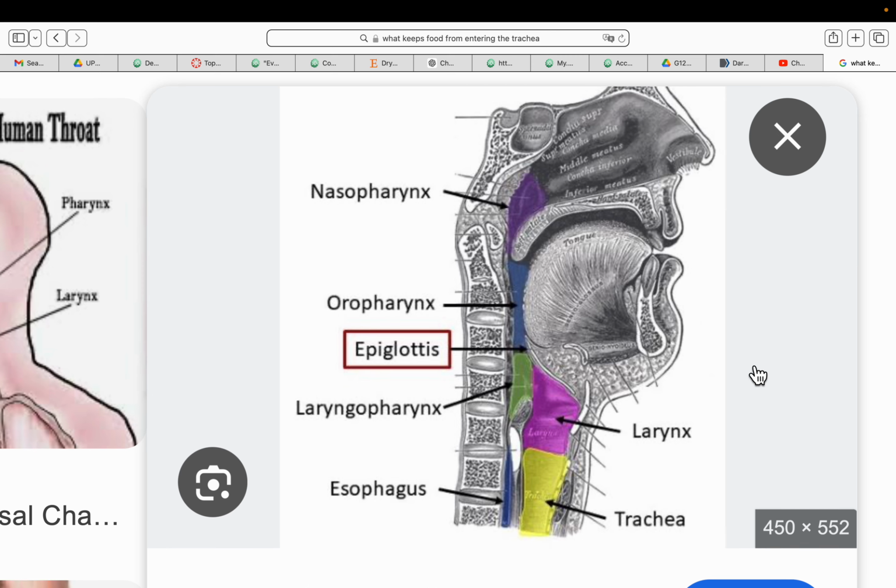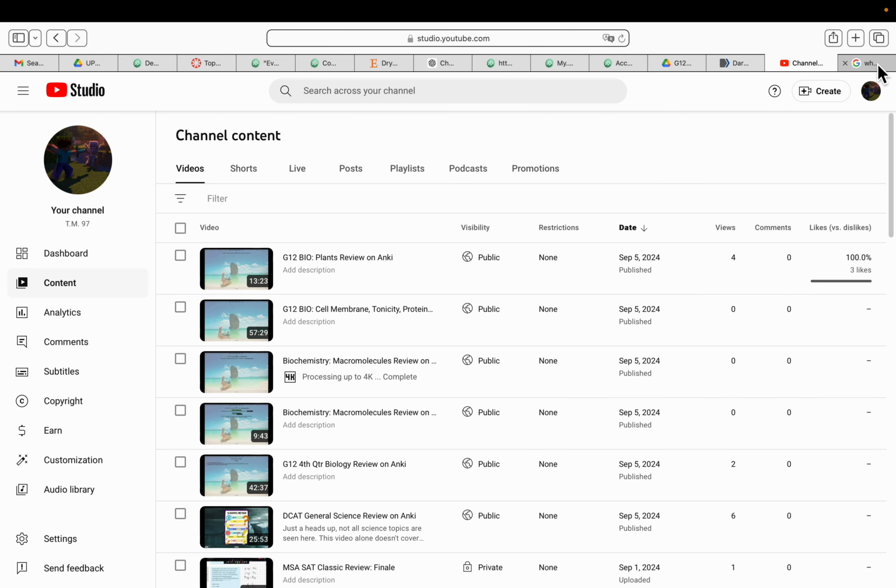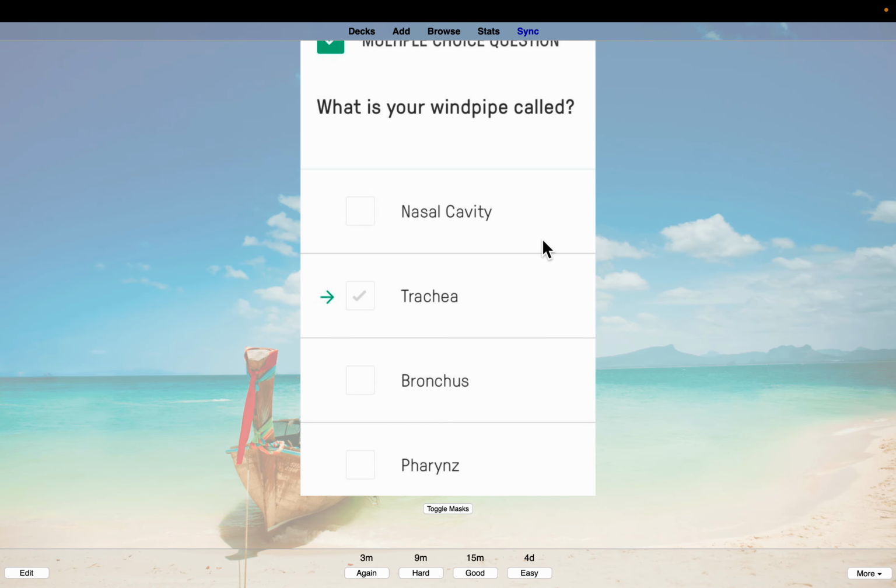Okay. So this is the trachea. It's in front. The esophagus is over here. The epiglottis is right there. This is very memorable. Yeah, nasopharyngeal cancer.